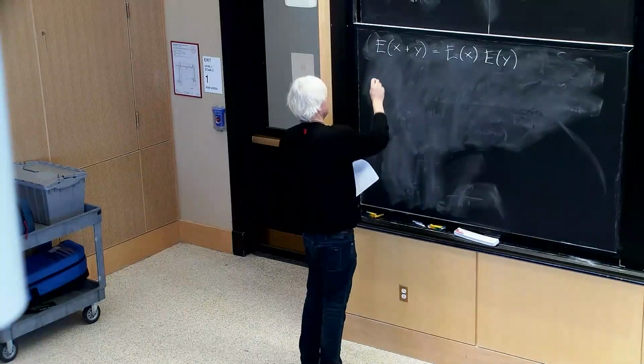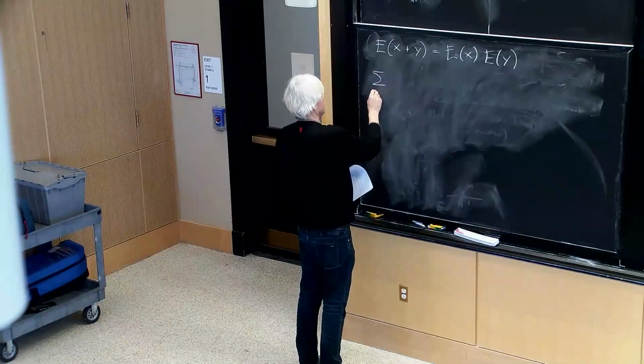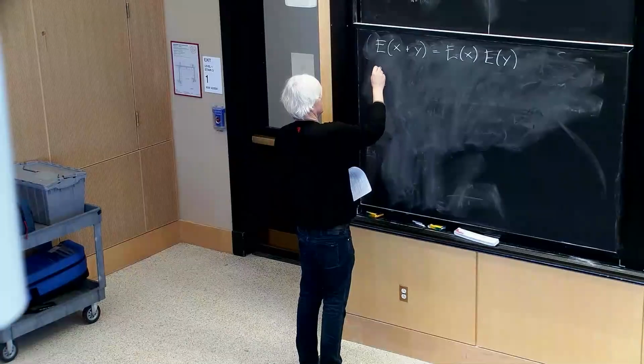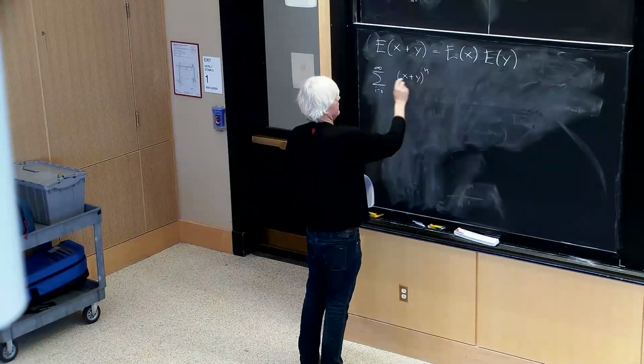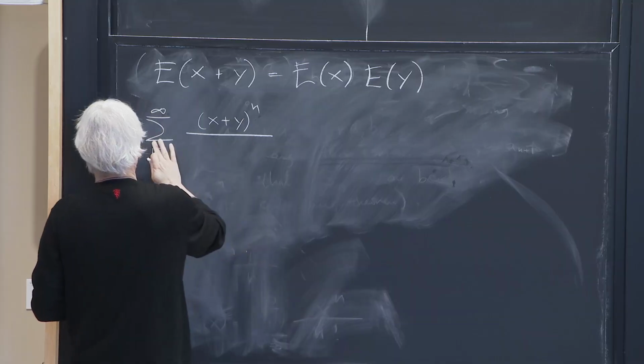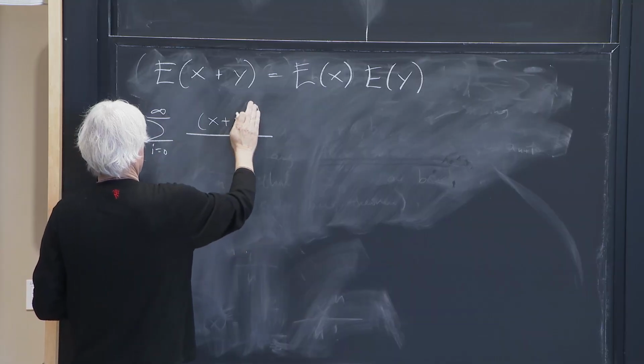And this one here is the infinite sum, n equal to 0 to infinity, of (x plus y) to the power n over n factorial.